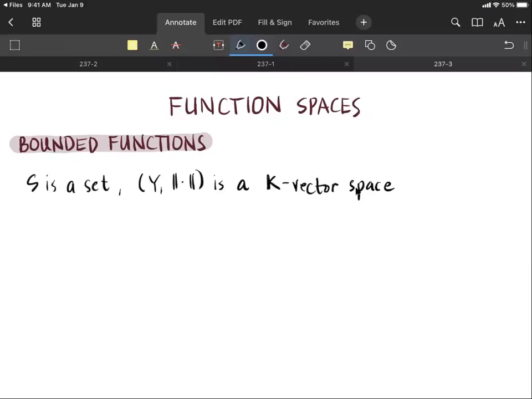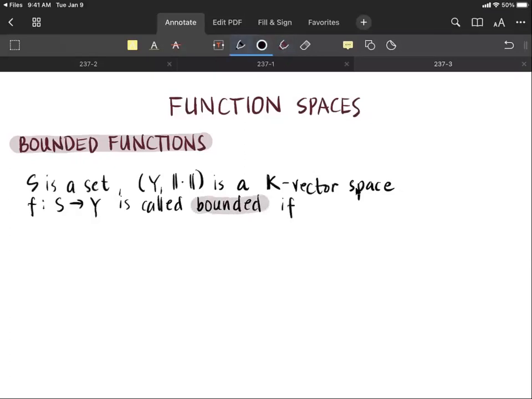A function f from this set S to the normed space Y is called bounded if the image set is bounded.